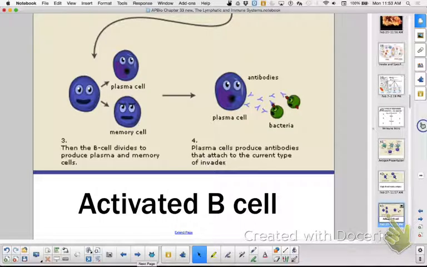And plasma cells, their job is to make antibodies. You know how you want to remember this? Because plasma cells release the antibodies into the plasma. So a plasma cell is a type of B cell. And this is what you'll have clones of. Millions of plasma cells all releasing their antibodies. And it will make some memory cells.